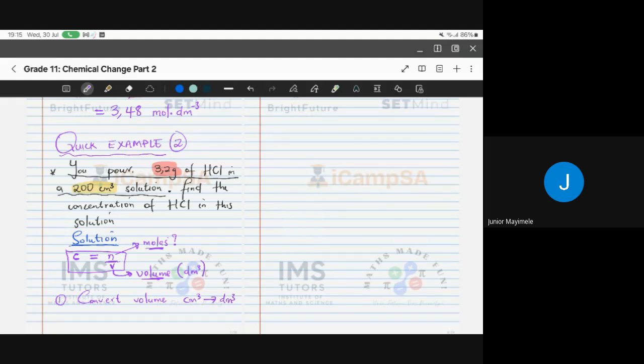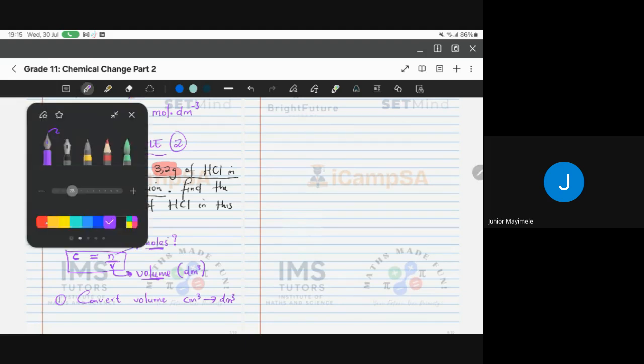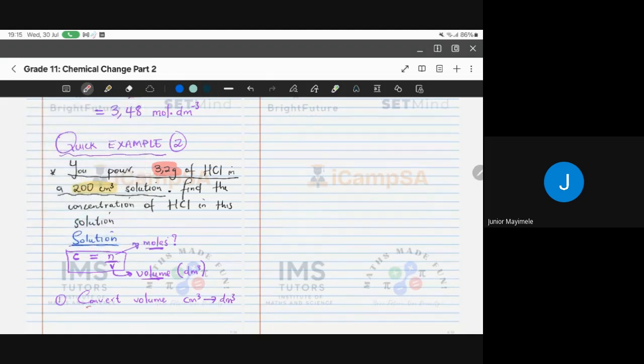Right, so let's do that. Typically, when you convert from cubic centimeters to cubic decimeters, you simply divide by 1,000. So 200 cubic centimeters divided by 1,000 will give us the decimeters that we're looking for.